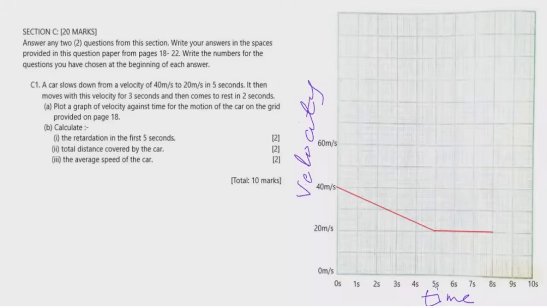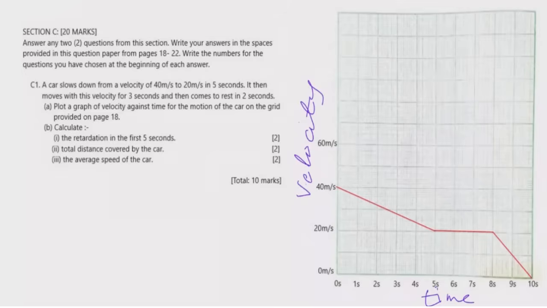What we'll do is come here and draw a line from here up to 10. So it came to rest after 2 seconds.